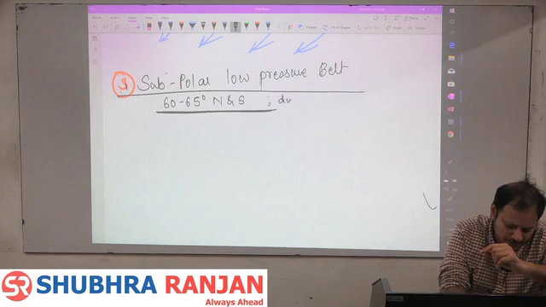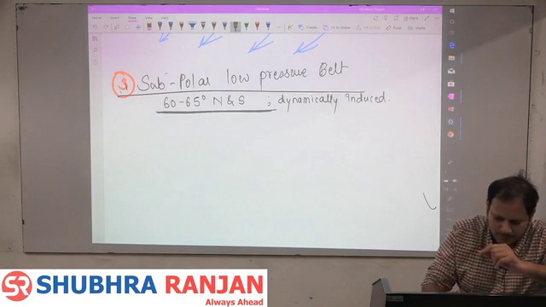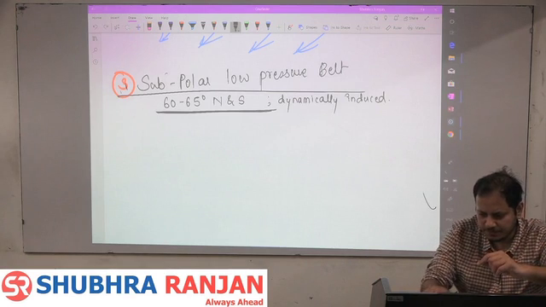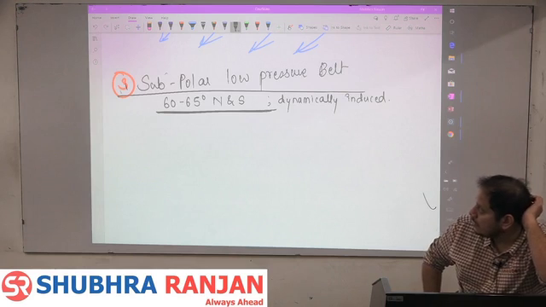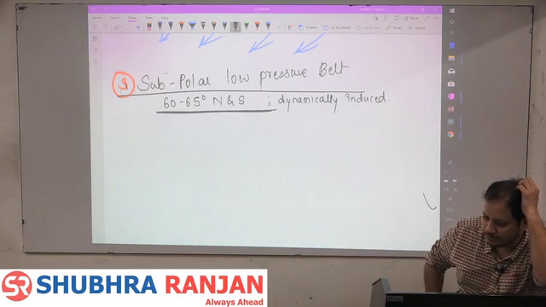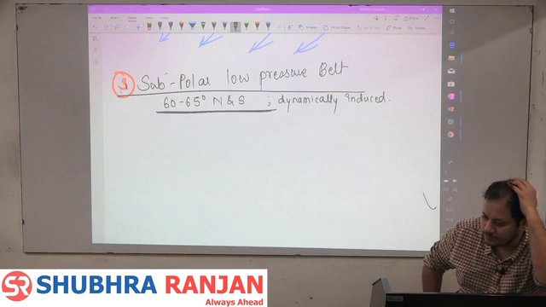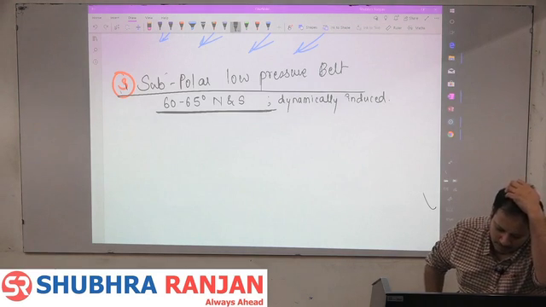It is a dynamically induced zone of convergence of warm westerlies and cold polar easterlies.